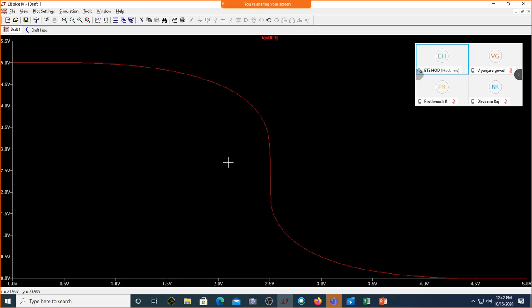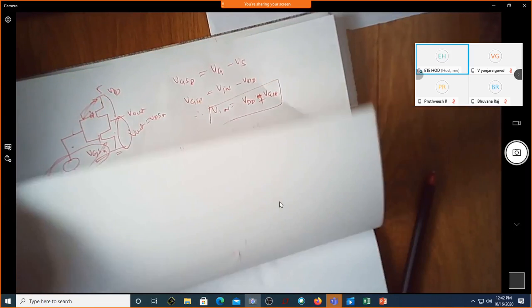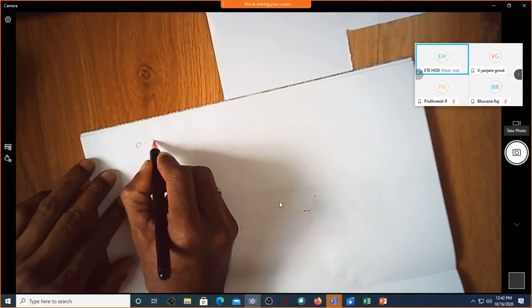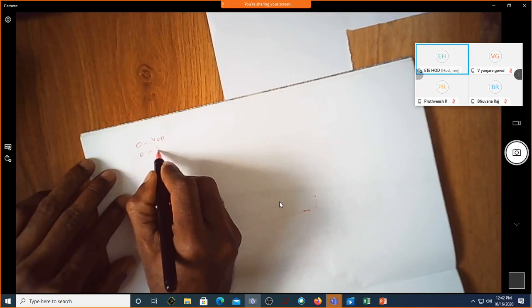Now the point is, what do you mean by logic high, logic low in your digital? Assume that 0 to VDD is 0 to 5 volt.